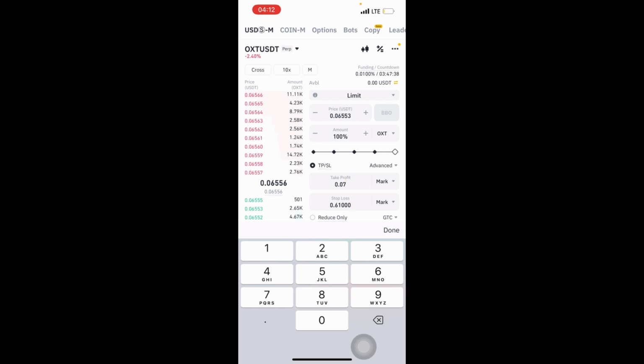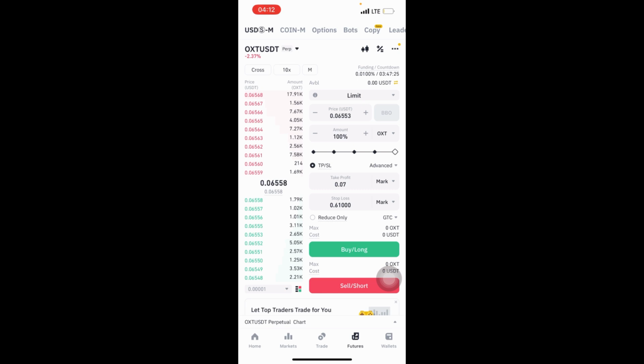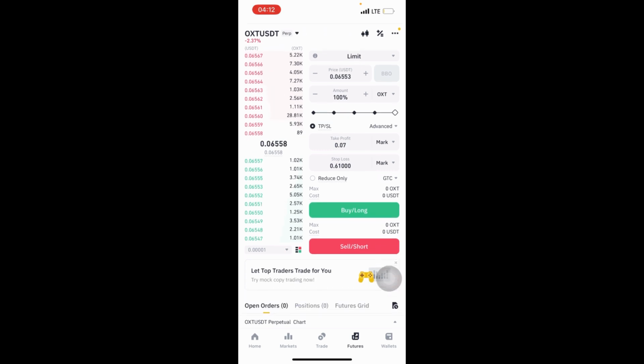And the stop loss means that if I'm losing money and it gets to this rate, 0.061, the market should close for me, in order not to lose all my funds in futures trading. So that's what we call stop loss.